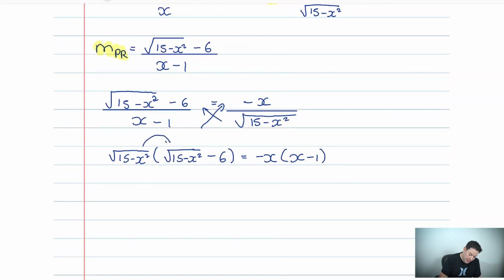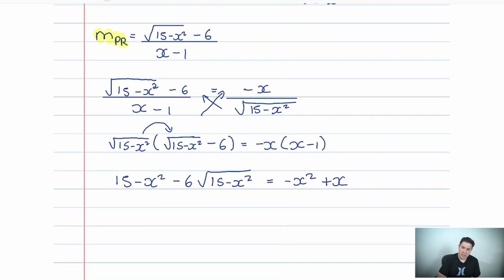So we're going to multiply this in. That's going to give us the square root of 15 minus x squared, all squared. So the square roots cancel out, and we're left with 15 minus x squared, minus 6 times the square root of 15 minus x squared. On the other side, we're going to have minus x squared plus x.